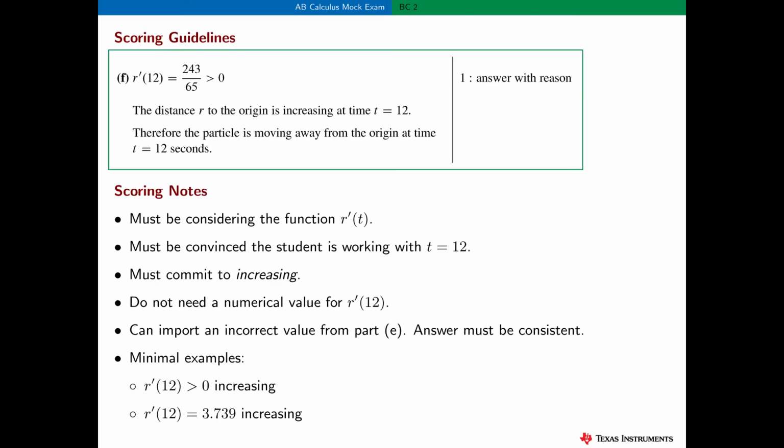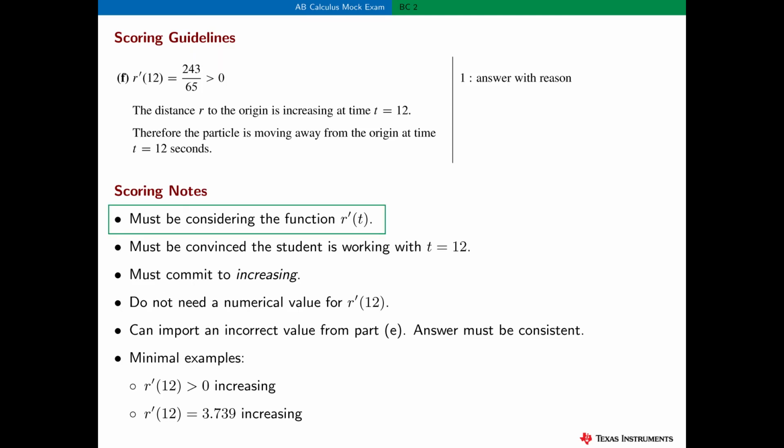The scoring guidelines for this problem are pretty easy. 1 point for the answer with an appropriate reason. But often, we have to read student responses very carefully to decide whether or not they've earned that 1 point. Here are some interpretations of these guidelines.